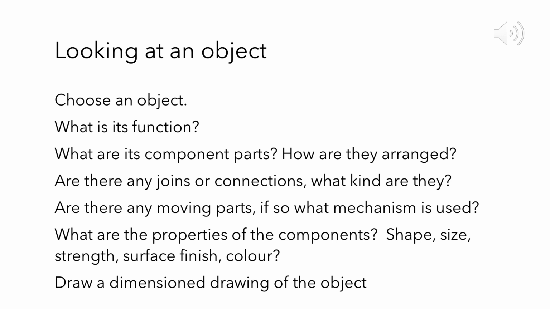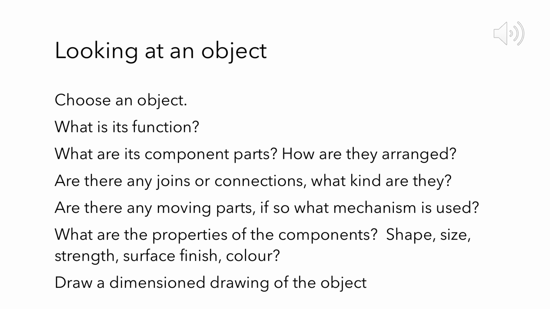So the best way really to start thinking about all of these things is to look at objects. Look at an object, think about what its function is, and remember that's not just function in terms of technical, but in terms of usability, in terms of sustainability, in terms of aesthetics and identity.